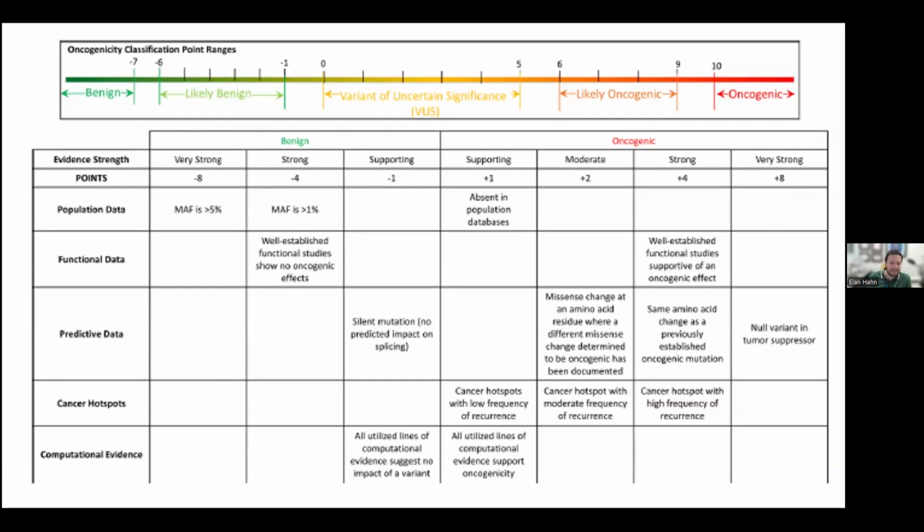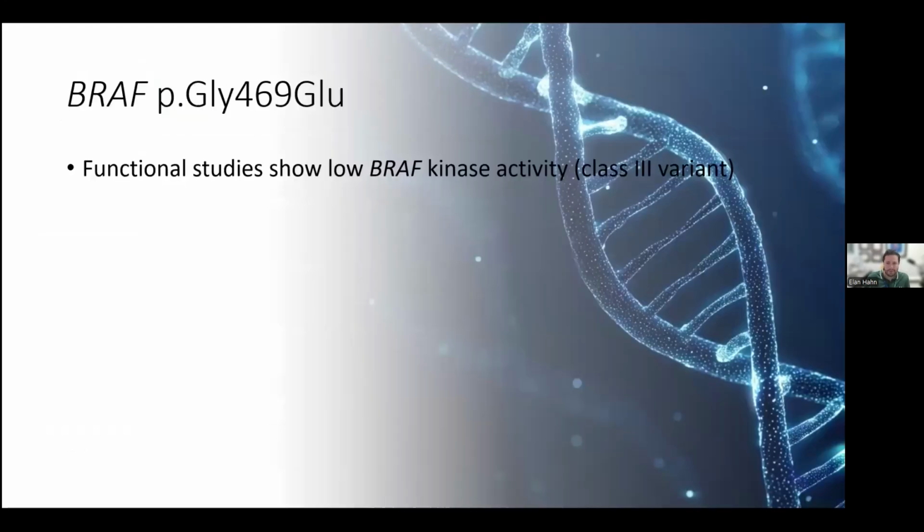Predictive data, which would be in silico, and cancer hotspots, which again is a very important resource, and it's logically one of the important things used in this classification. So between population resources and cancer hotspot resources, you could do a lot of the classification according to this rubric. So we'll go through one example here, trying to apply this rubric very rigorously.